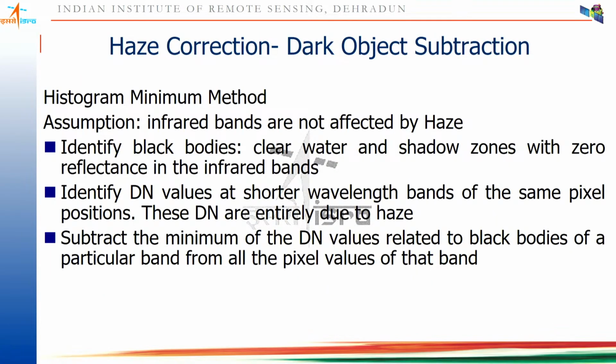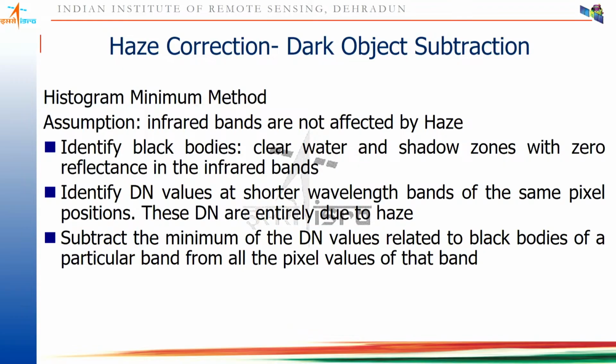Now how to remove the haze? There is a very simple method called the histogram minimum method, or dark object subtraction method. In the histogram minimum method, the minimum value of the data is subtracted from all DN values, assuming that the minimum value is coming from the scattering.